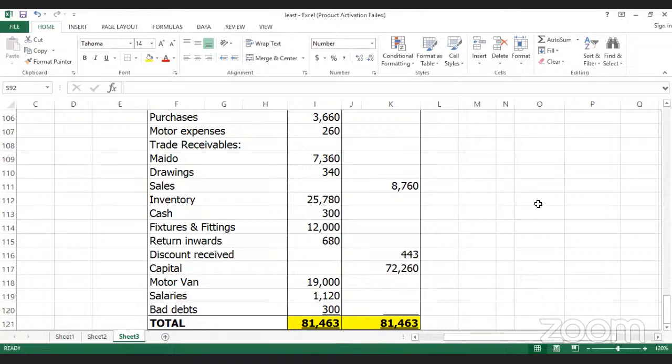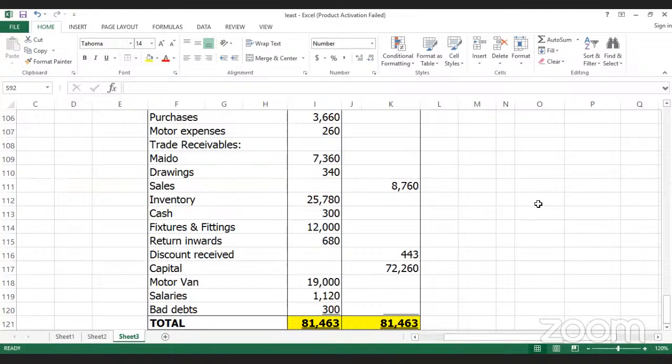You're asking what will make it balance when there is a problem somewhere. Okay, it's balancing, but there is an error. That's your question. Yes. Okay.